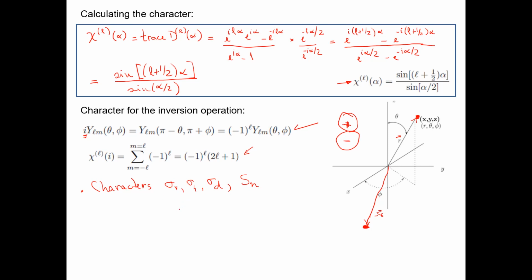To do that, I actually need to use properties of factor groups, which is a subject of chapter 6. Next chapter we're going to see that. So I'm going to postpone this discussion to the next chapter. This we will see in chapter 6. But we can go ahead and do some examples for groups that do not have those symmetry operations, and this is still going to be useful for us. All right?